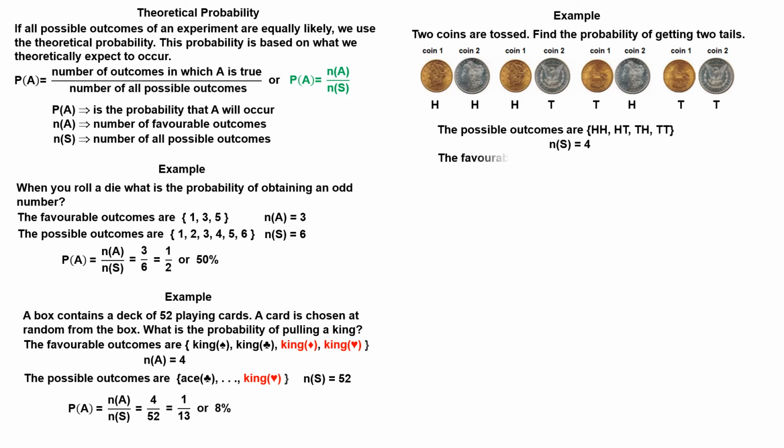The favorable outcome is tail and tail. The number of favorable outcomes is 1. Therefore, the probability is 1 over 4, or 25%.